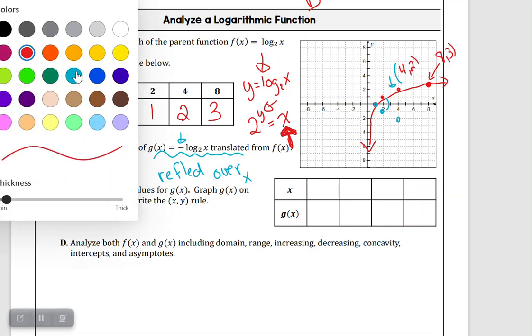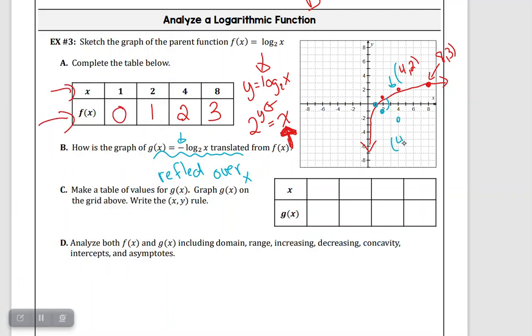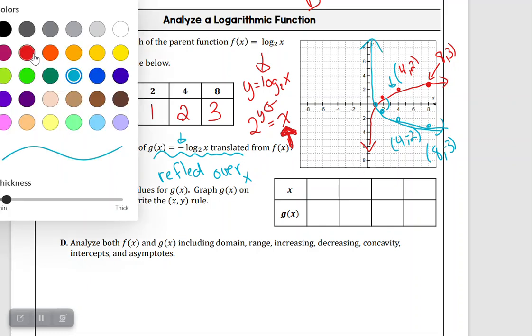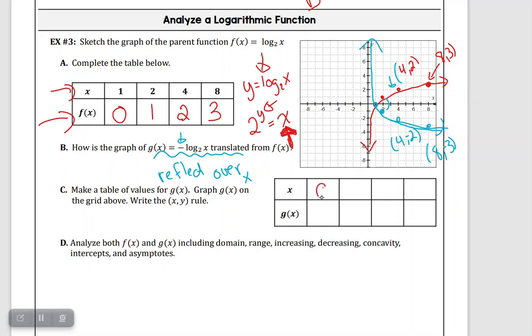That blue point will be 4, -2, and this will be 8, -3. So it swoops, reflects over the x, and goes down like that. Notice the axis of symmetry stays the same. So when we go to fill in that t-chart, it's going to be 0, 2, 4, 8. The x's didn't change, but the y values do.